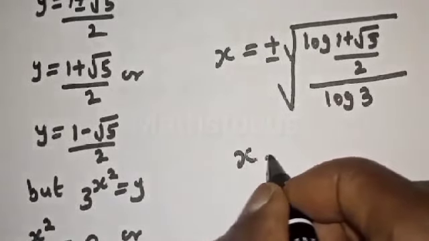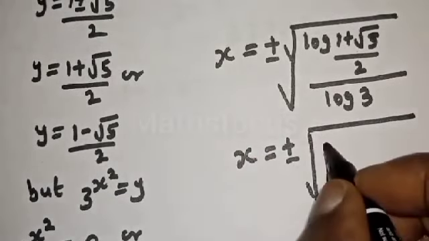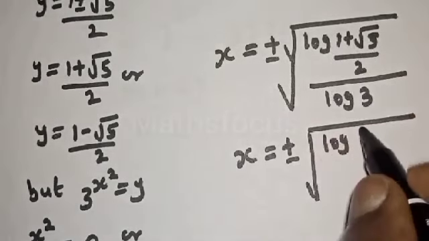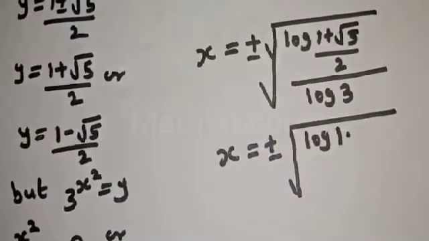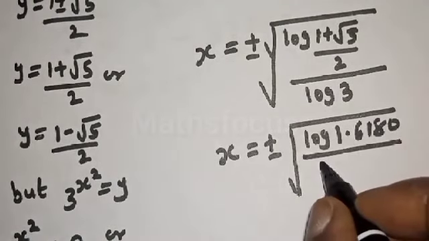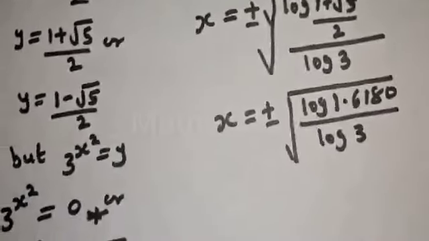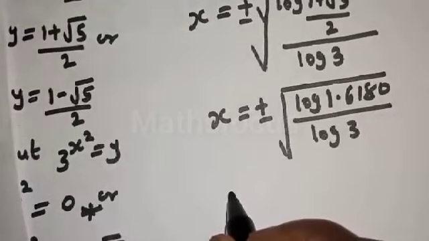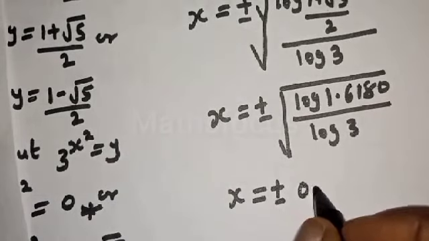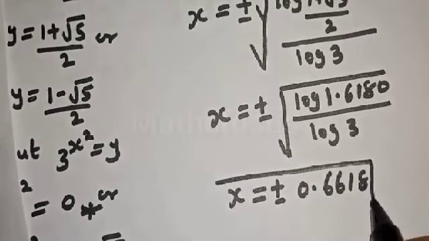Now, x is equal to plus or minus square root of, log of (1 plus root 5) divided by 2 is 1.6180, over log 3. x is now equal to plus or minus 0.6618. This is the final answer.